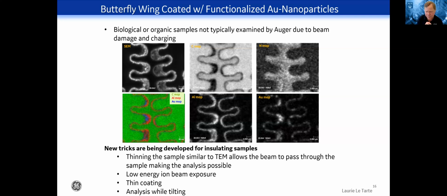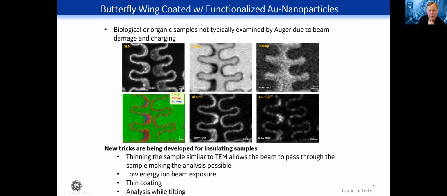Thinning the samples, similar to what we do for transmission electron microscopy; exposing the sample to low energy, low dose ions to stabilize the surface charge during the Auger analysis; applying a thin coating onto the surface to be analyzed; and or tilting while you're doing the analysis. So here, we clearly see the structure of the butterfly wing in cross section.